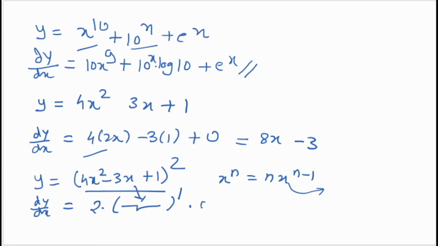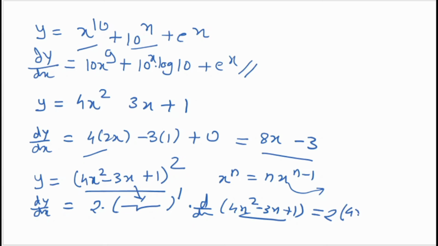Then the derivative of 4x square minus 3x plus 1, we already solved, that is 8x minus 3. Therefore the final answer is 2 into (4x square minus 3x plus 1) multiplied by the derivative, 8x minus 3.